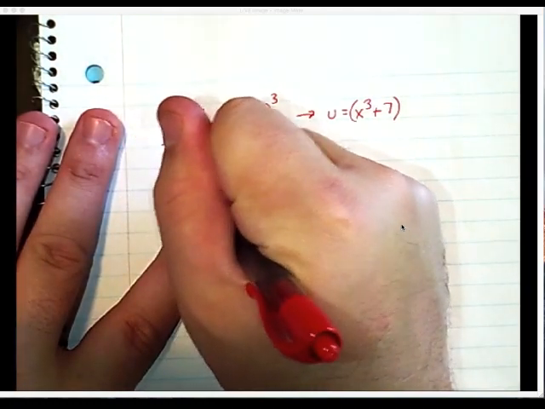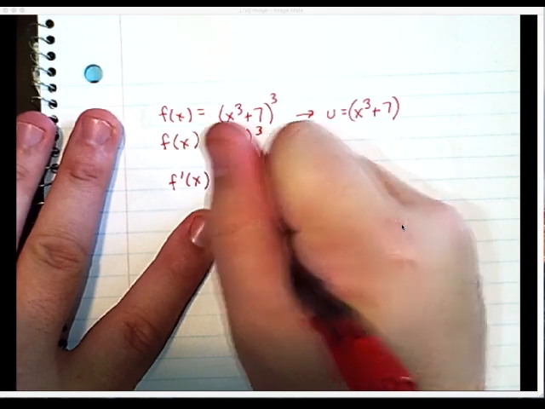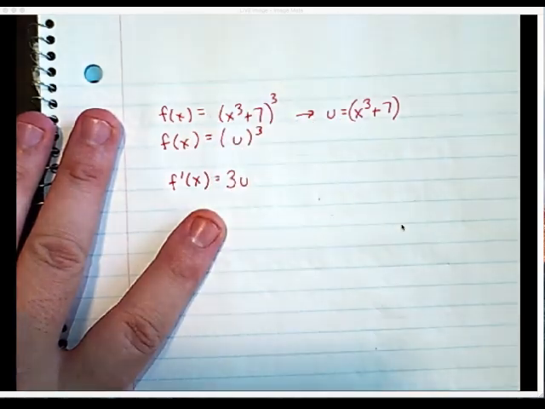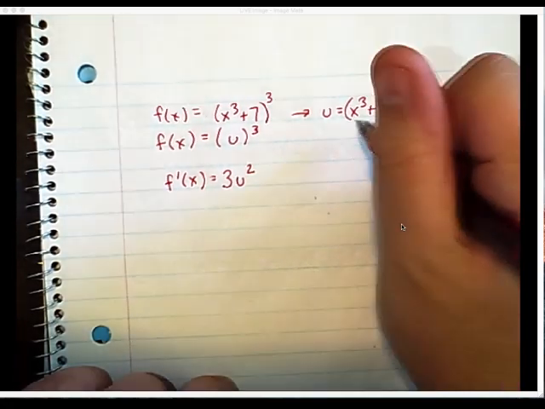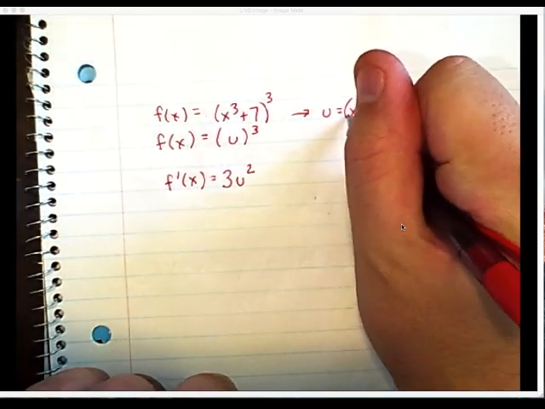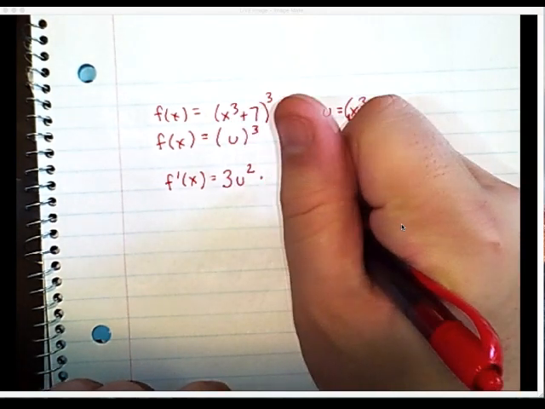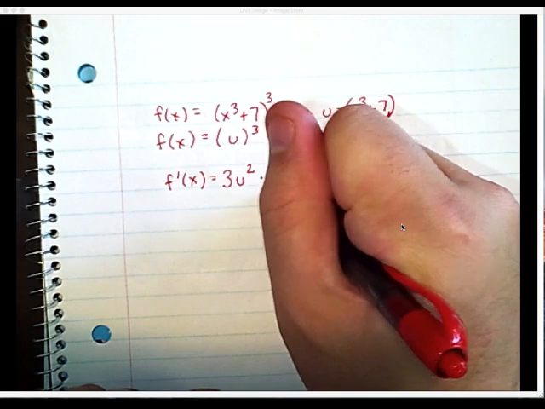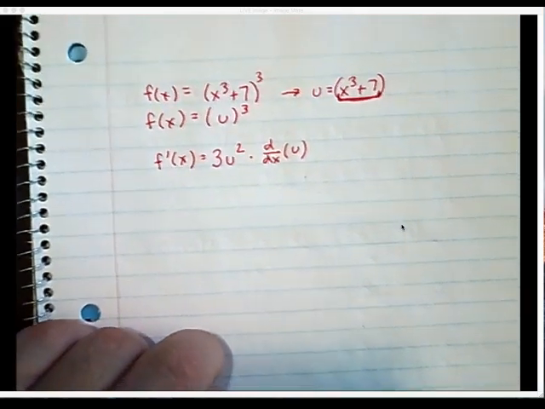If I wanted to take the derivative of u cubed, I would move the 3 out front. Then I would take u and reduce the power by 1. But the problem is we haven't taken into account the derivative of this thing. So now I have to multiply times the derivative of u with respect to x.